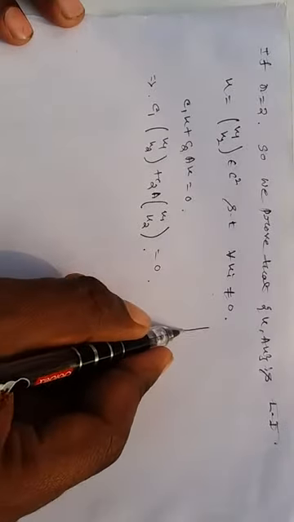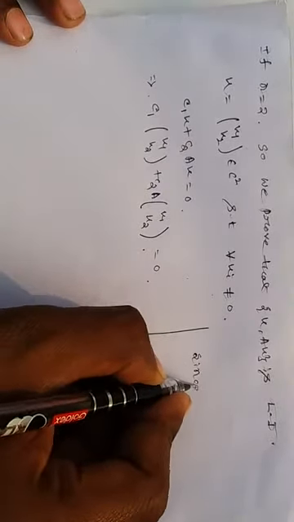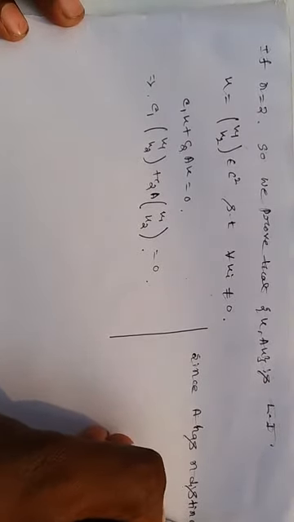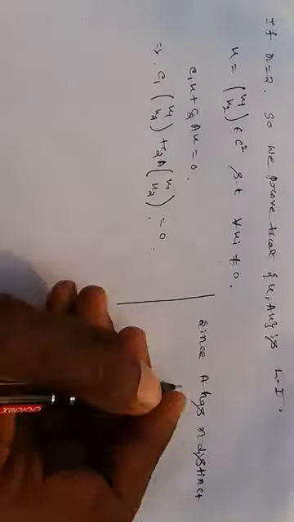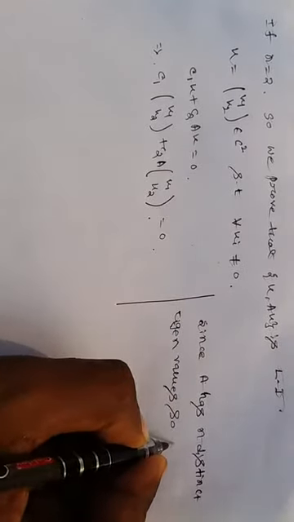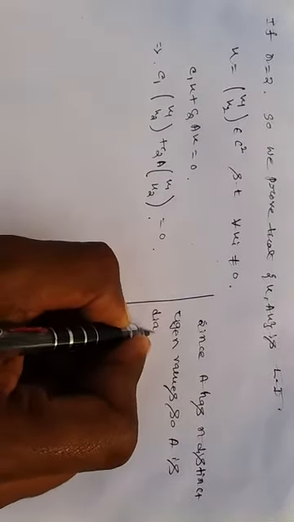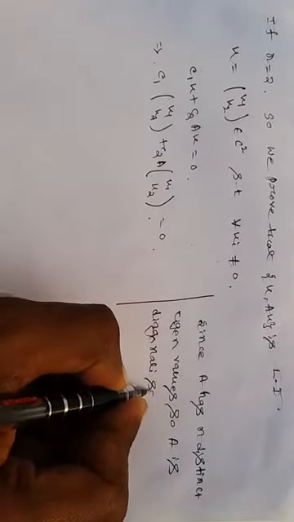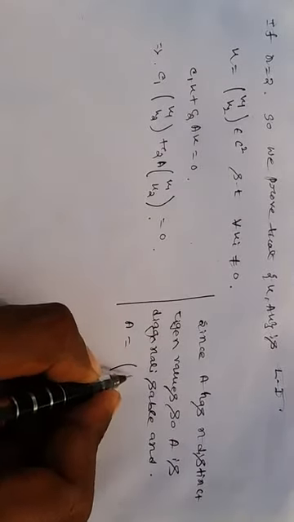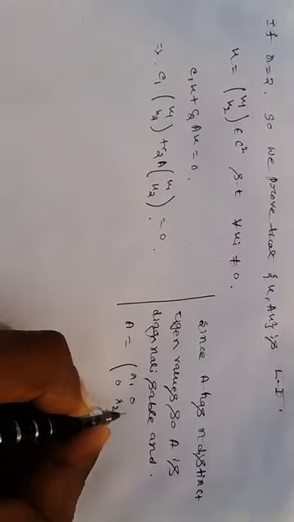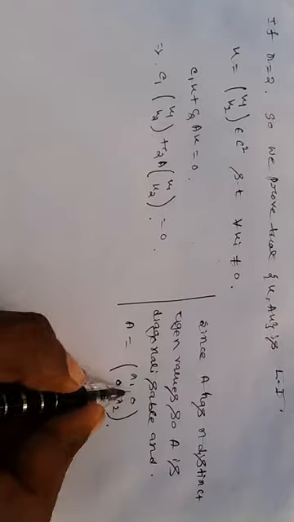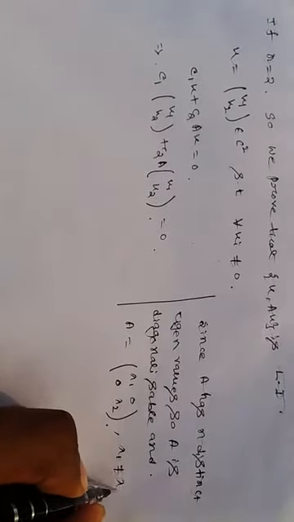And now friends, since A has n distinct eigenvalues, A is diagonalizable, and A looks like the diagonal matrix with lambda 1 and lambda 2, where lambda 1 and lambda 2 are eigenvalues of A, and these are distinct, lambda 1 not equal to lambda 2.